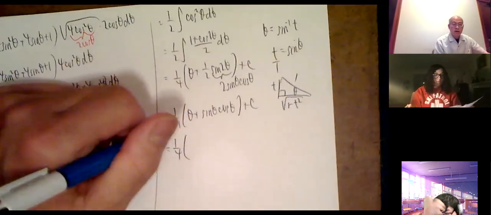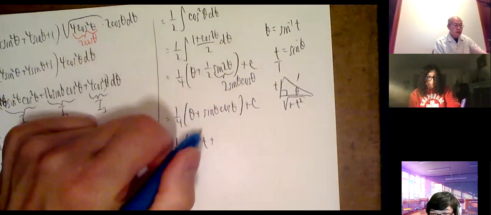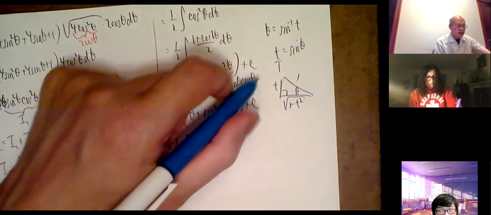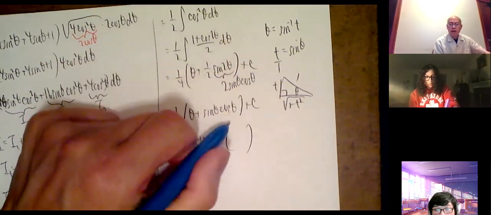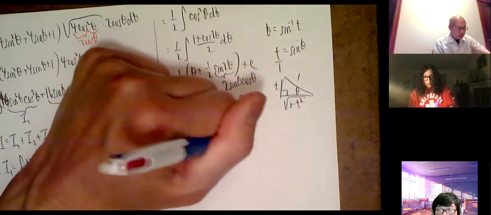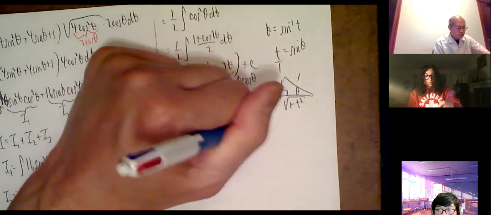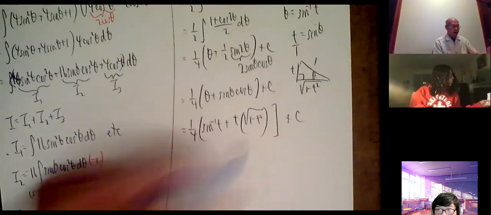Okay, so inverse sine t plus sine of theta, t, cosine of theta, adjacent over hypotenuse, radical 1 minus t squared, plus c, and then change t back. t was x squared.